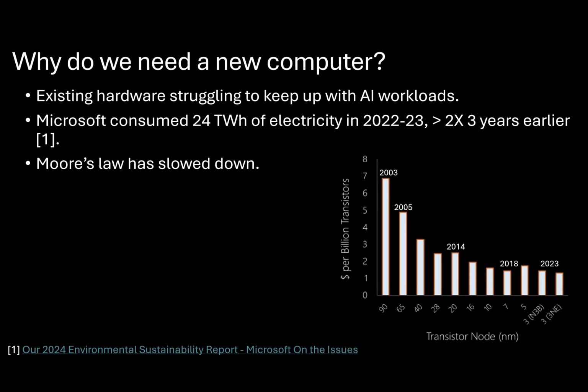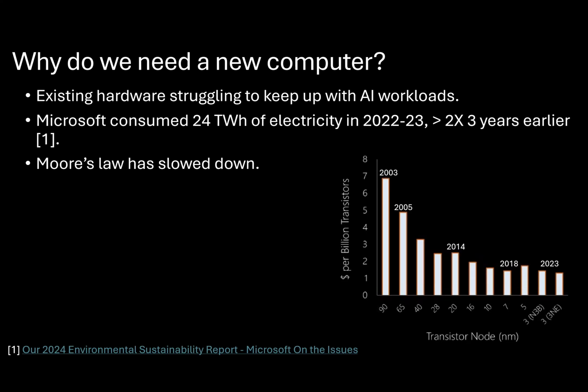That's about double what it was 3 years earlier, and that doubling is probably largely due to starting to run a lot more AI workloads in that year. That number comes out of the 2024 sustainability report for Microsoft. Up until that year, Microsoft were publishing their annual electricity consumption, and since then they no longer published the number, or at least it wasn't published in last year's report. Probably that's because the number is getting really quite large now.